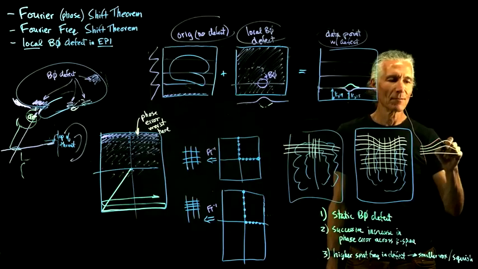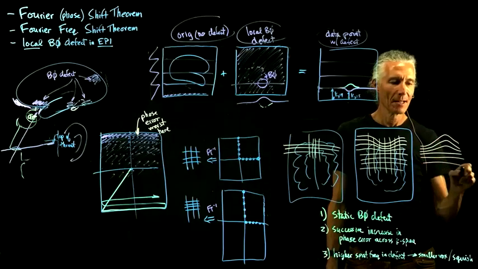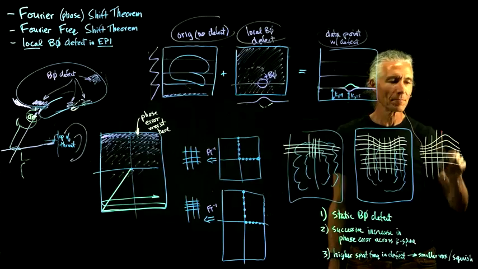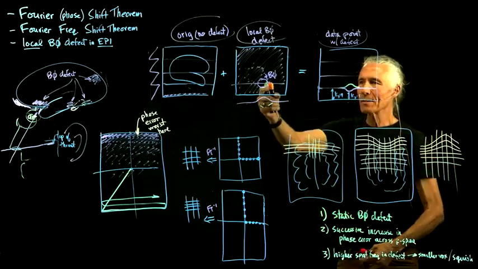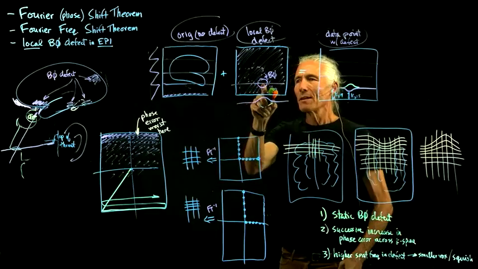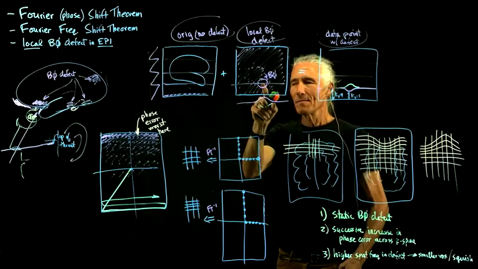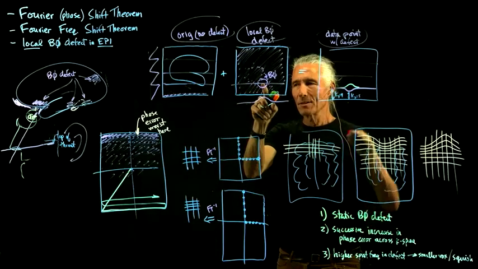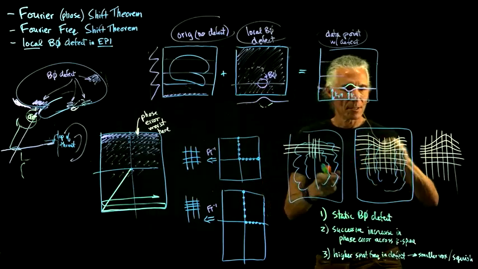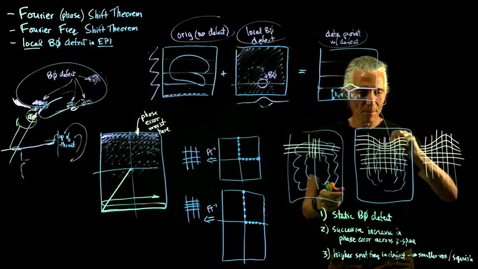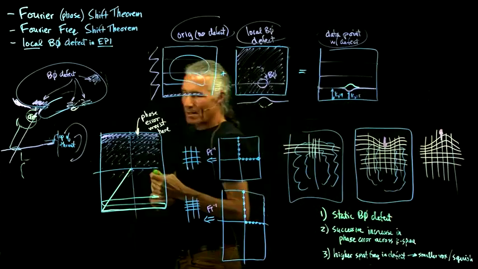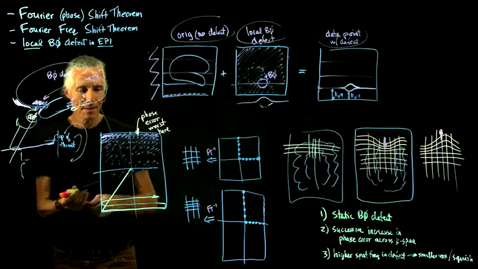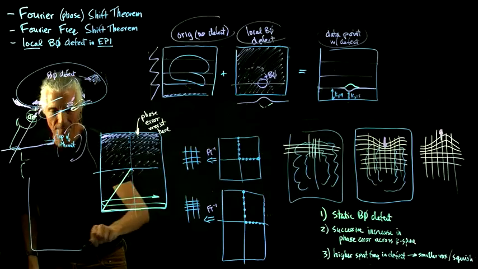You'd actually stretch the voxels out like that. And so depending on whether it's a positive or a negative defect, it's going to squish, so here's squish, but we could also stretch. And then we could also reverse it if we went the opposite way through k-space.